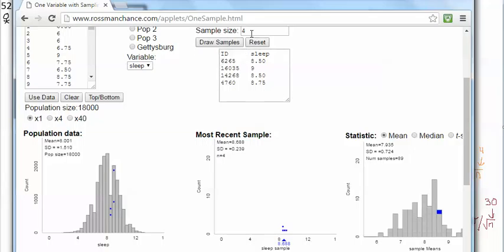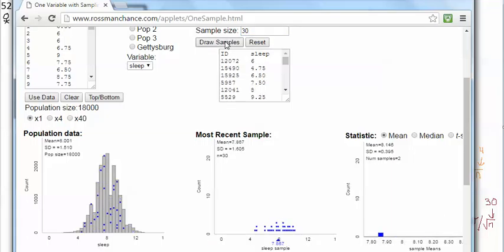Now what if I wasn't taking a sample of 4? What if I was taking a sample of 30? Well, since the population is normal, the sampling distribution will still be normal.